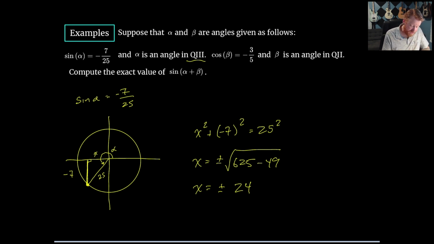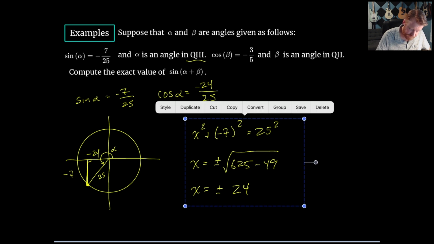And we want the negative value since cosine is going to be negative in quadrant 3 here. So I can write in this other side as negative 24. And the cosine of alpha is going to be negative 24 over 25. So I've got sine of alpha and cosine of alpha just by what we were given here about alpha and its sine.